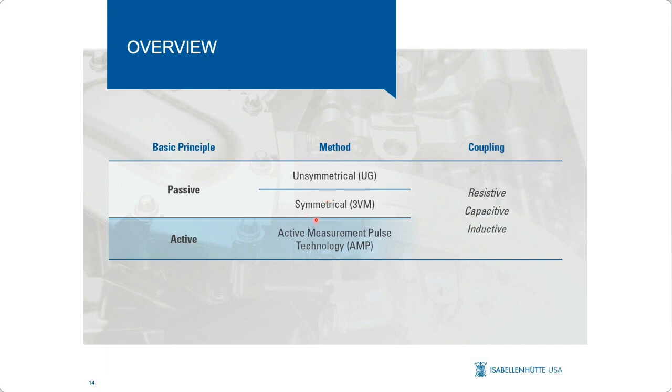The active measurement pulse method, or AMP method, works with unenergized bus systems and can also detect symmetrical as well as unsymmetrical isolation errors. Coupling methods for all 3 isolation measurement methods can be either resistive, capacitive, or inductive. However, resistive coupling is used the most frequently.